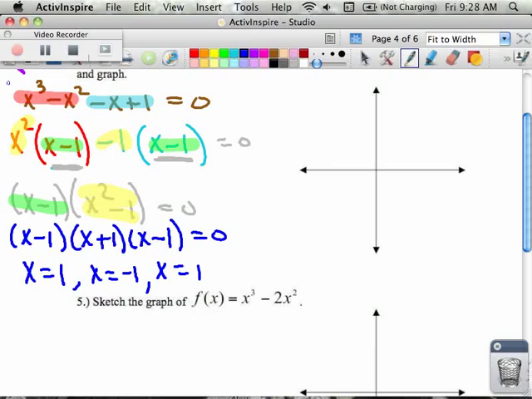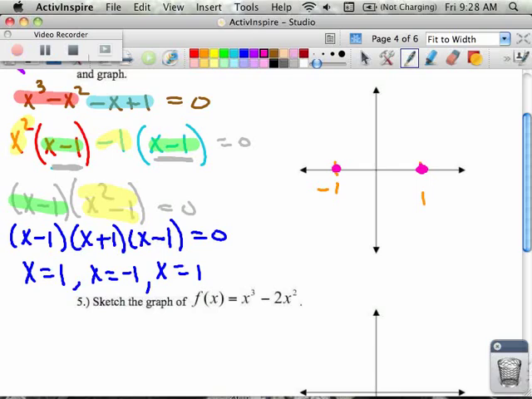I don't need a calculator. Watch this. I know that 2 of these roots are negative 1 and 1. I know that this graph has to go through that point and through that point. I know that for a fact, because it says those are my roots, my x-intercepts.